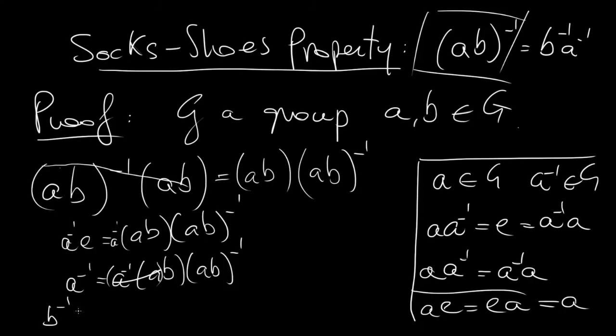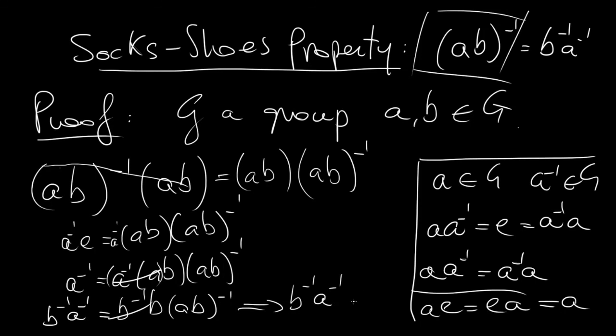Now let me multiply by B inverse on the left side, here and here, and let me rewrite it. I have B inverse A inverse is equal to B inverse B (AB) inverse. These two guys cancel out because they're inverses of each other, and this implies that B inverse A inverse is equal to (AB) inverse.